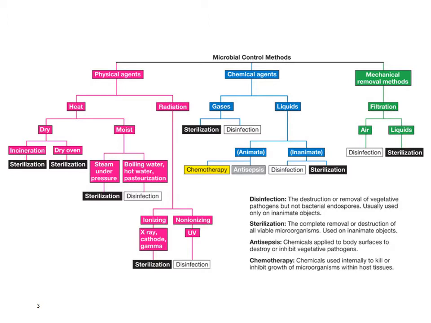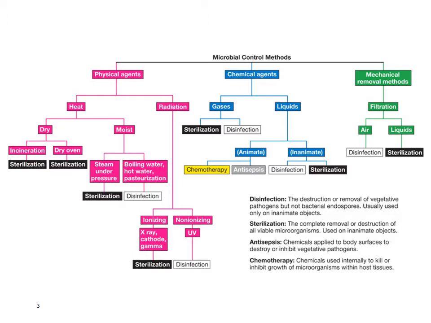This flowchart very nicely summarises the major microbial control methods that are used. You'll see that the methods are placed into one of three broad classes at the top of the flowchart: either physical agents, chemical agents, or mechanical removal methods.